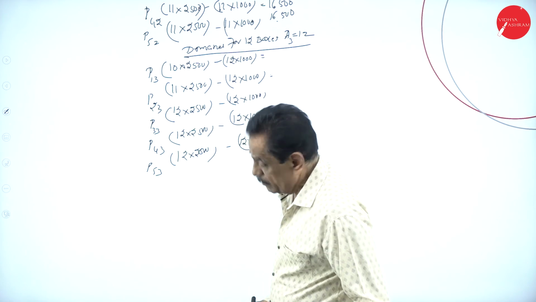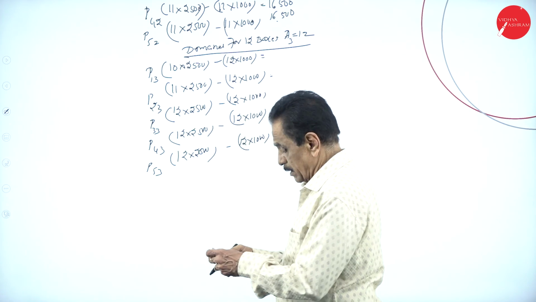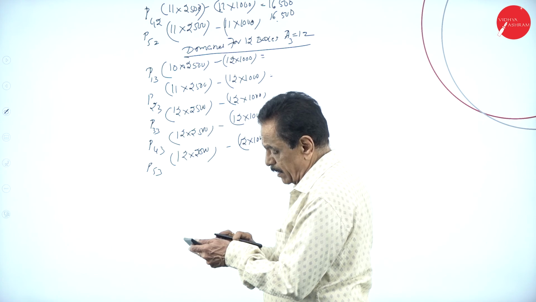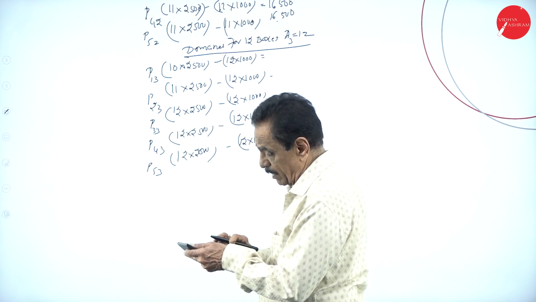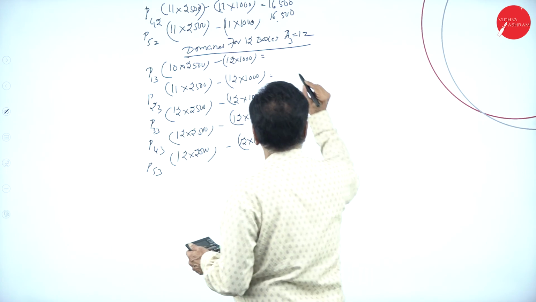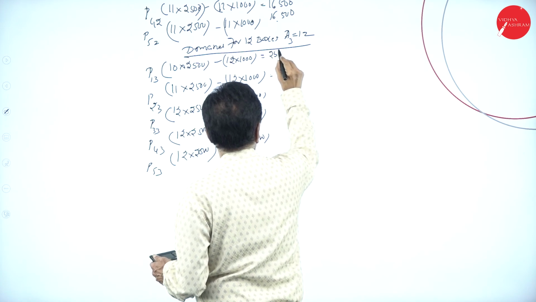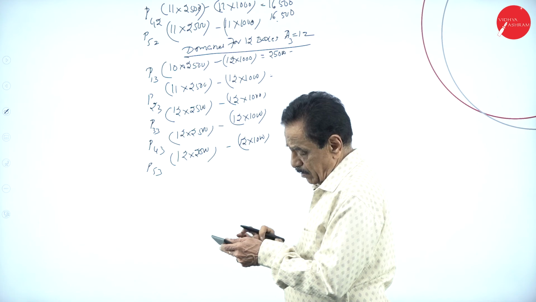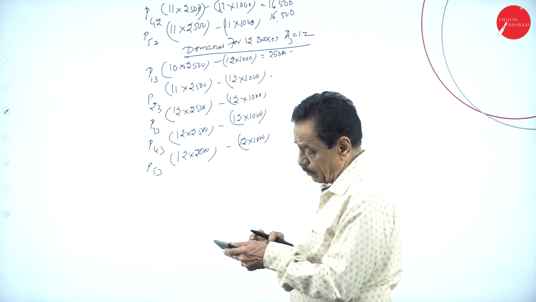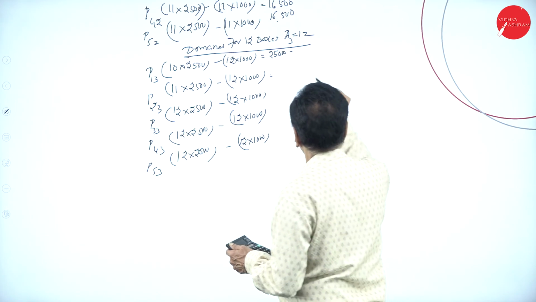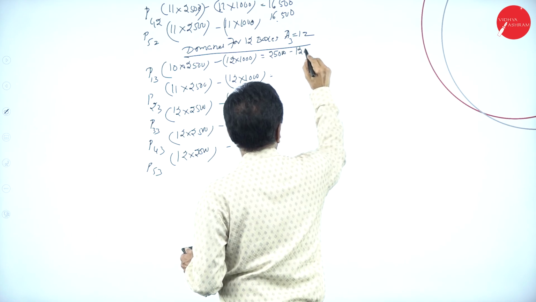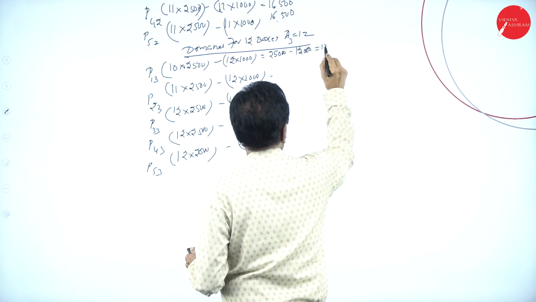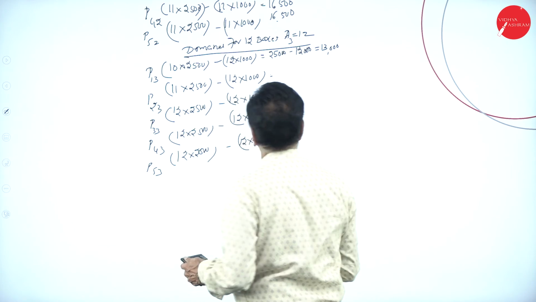This is 12. We'll go with 10 into 2,500, 25,000, minus 12 into 1,000, 12,000. It works out to 13,000.